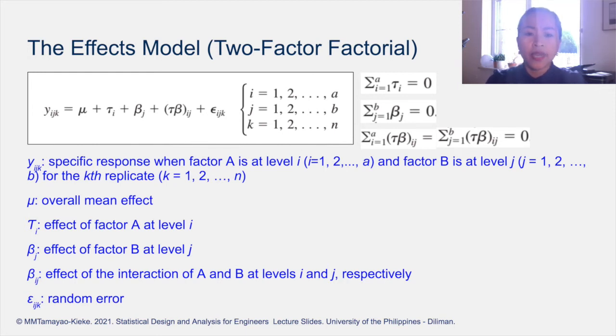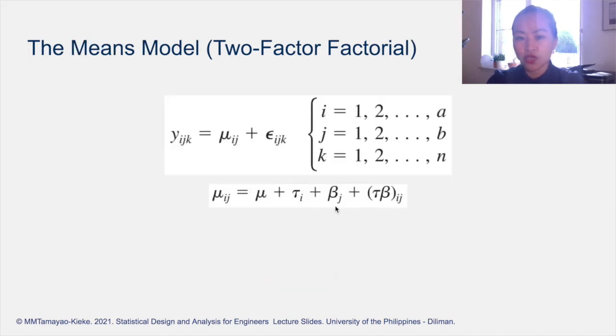Okay, now we can also express the factorial design through the means model, which is shown here. Y sub ijk is equal to mu sub ij plus epsilon sub ijk for i equal to 1 to a, j equal to 1 to b, and k equal to 1 to n.